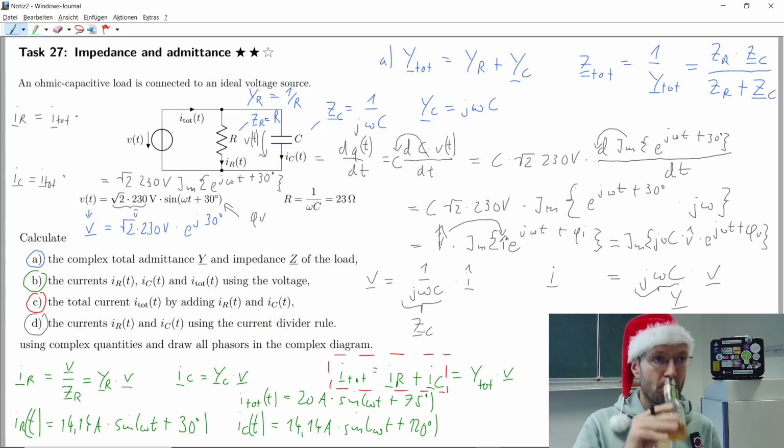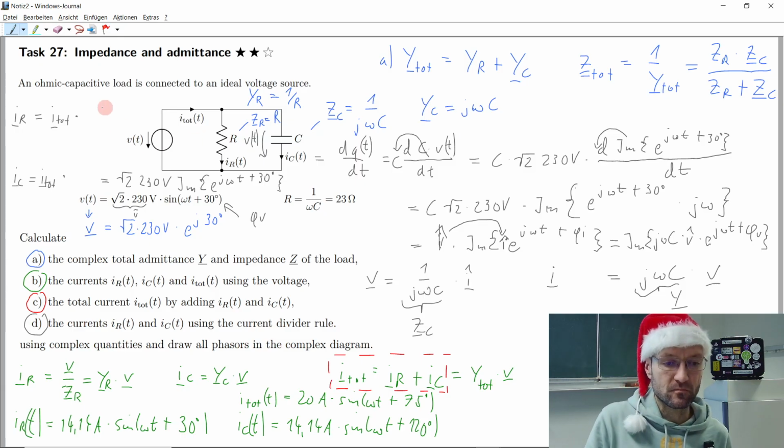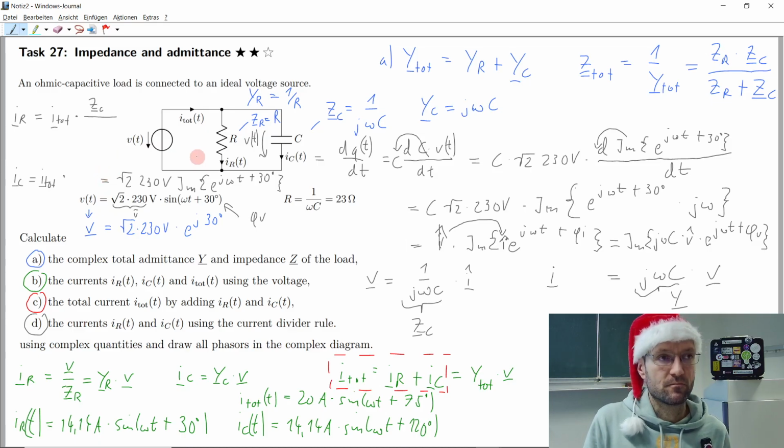For IR it would be the impedance of the capacitance over... Exactly. So here we would say it's the impedance in the other branch divided by the total impedance, but not the total impedance of this parallel circuit, but the total impedance of this mesh.